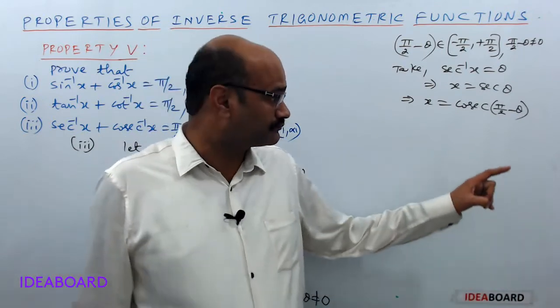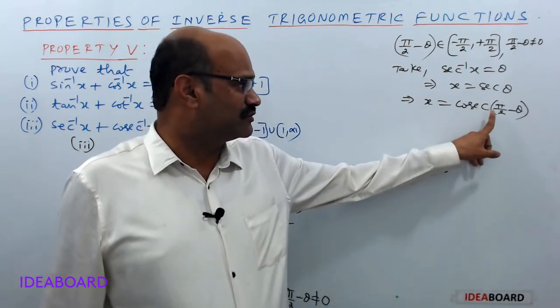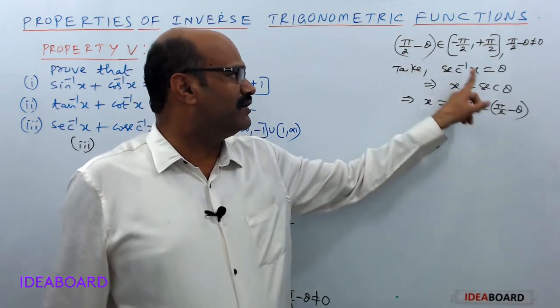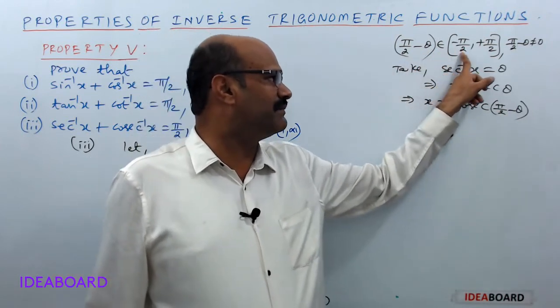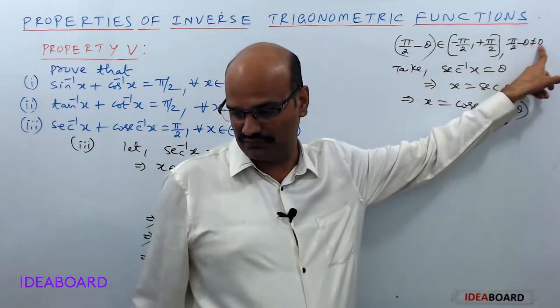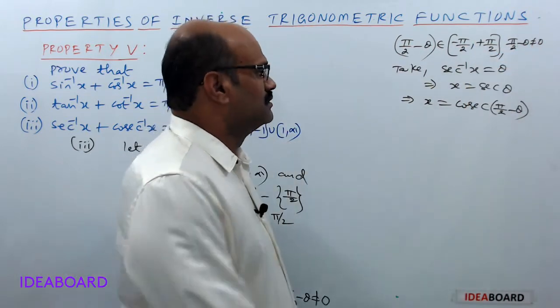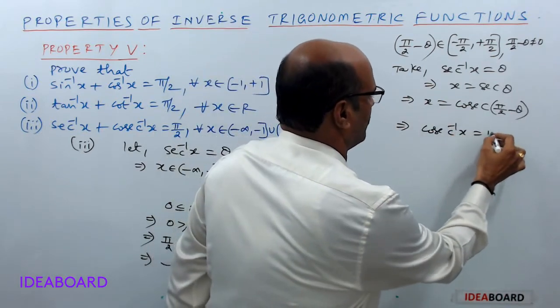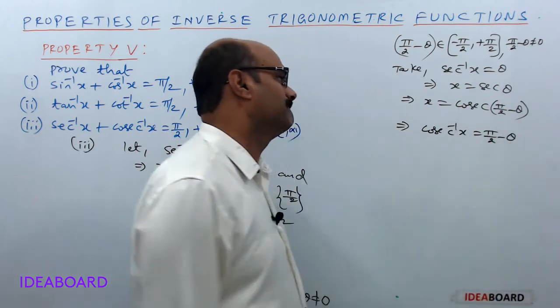We know that the inverse of the cosecant function exists when pi by 2 minus theta belongs to minus pi by 2 to plus pi by 2, where pi by 2 minus theta is not equal to 0. So we can directly take cosecant inverse x equal to pi by 2 minus theta.